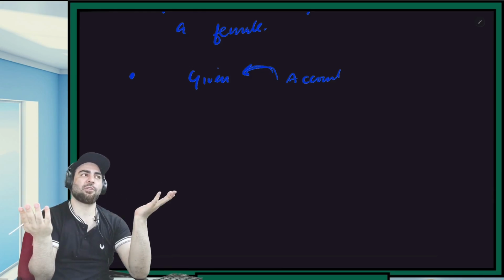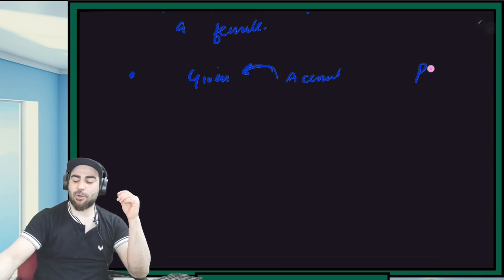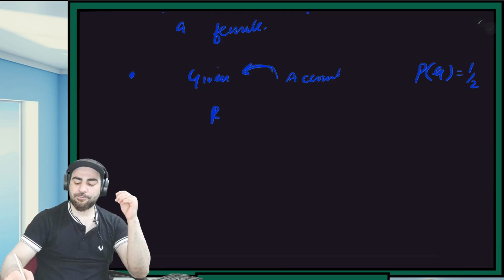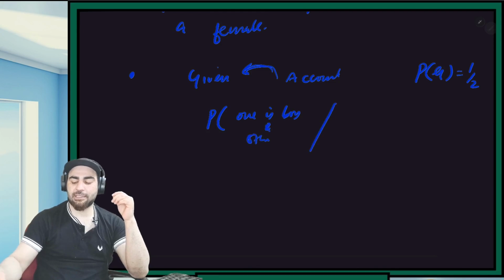You had an initial hypothesis, probability of a girl child, let's suppose 1/2. Now you have to say: the probability that one is a boy, that is one is king, and the other is a girl, given that you have a boy. This is what probability gives you. It gives a notion of thinking.